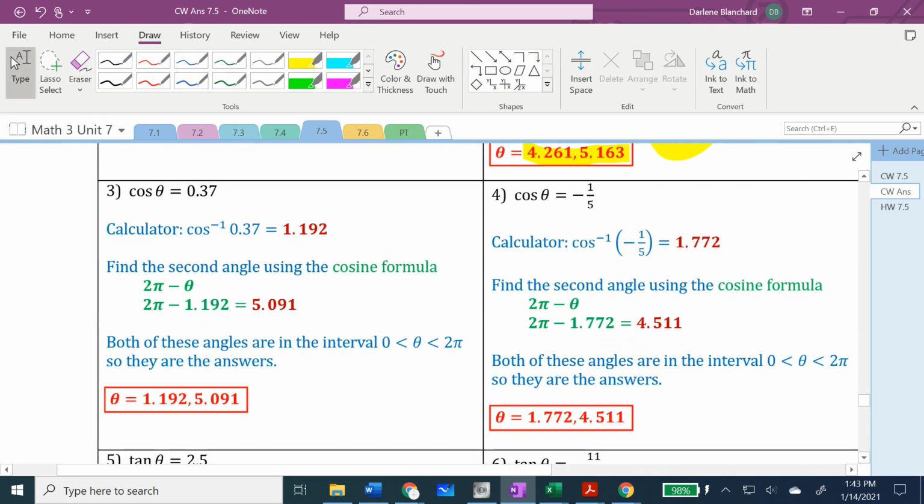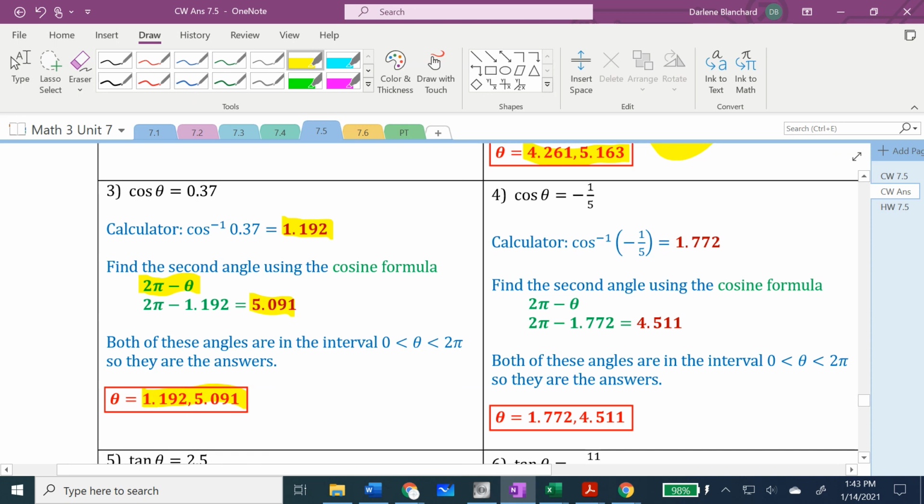When you use the inverse cosine button of your calculator for 0.37, you are going to get 1.192. Then you will find the second angle using the cosine formula. Both of those answers are between 0 and 6.28. You're done.